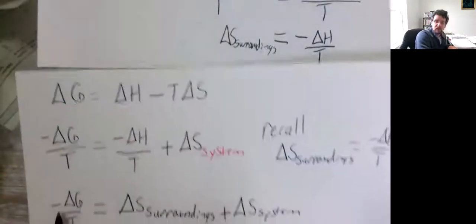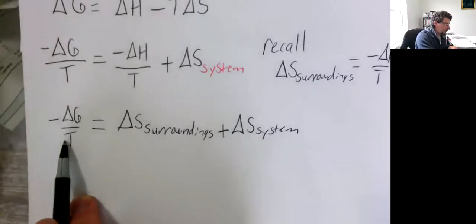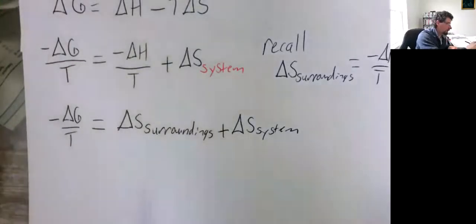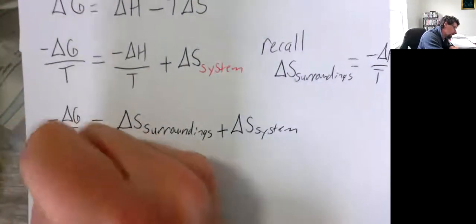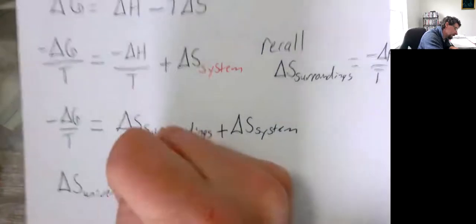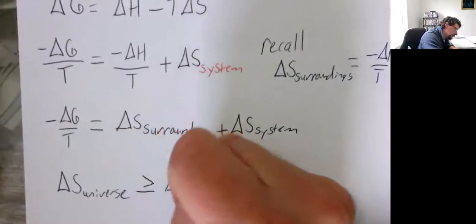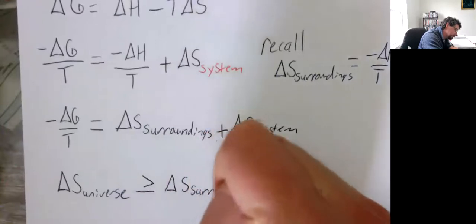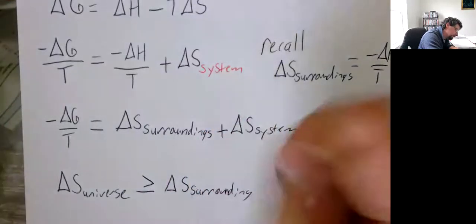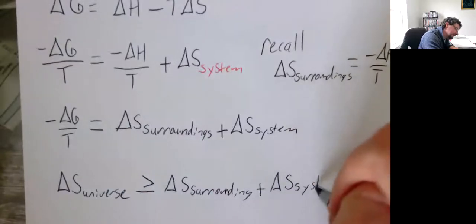Now this negative G divided by T looks eerily similar to that very first law of thermodynamics that we had, where delta S of the universe is greater than or equal to delta S of surroundings plus delta S system.